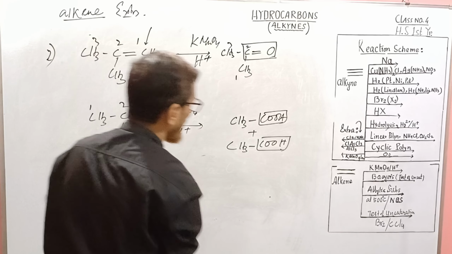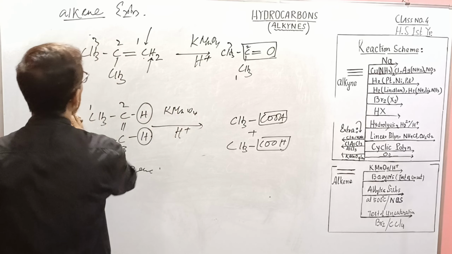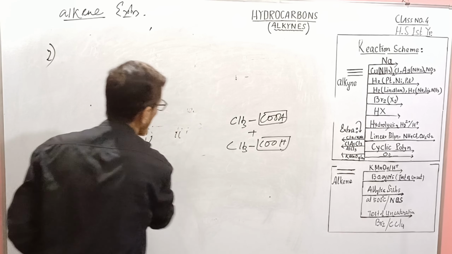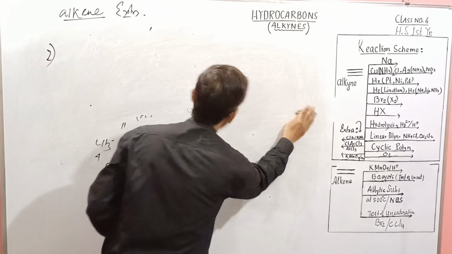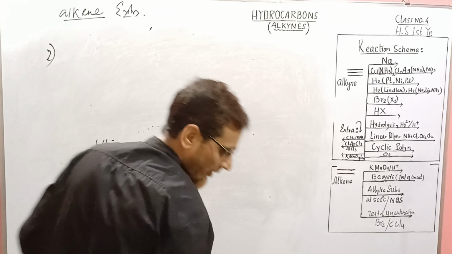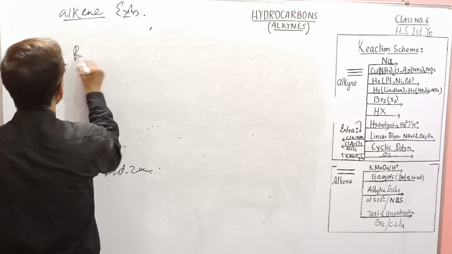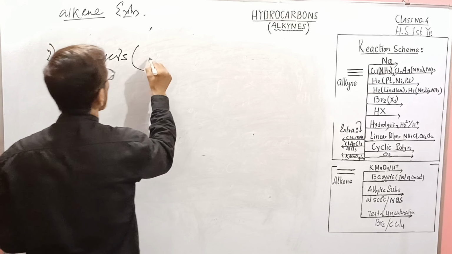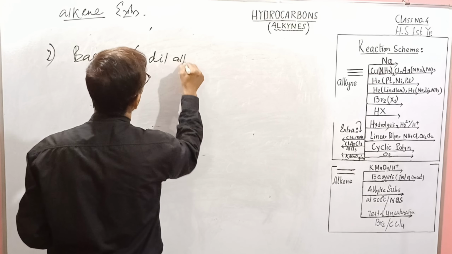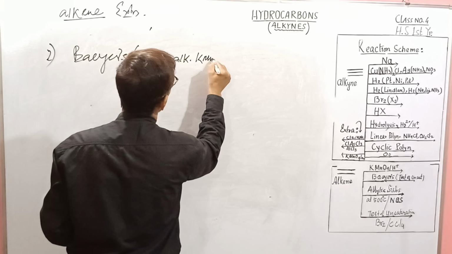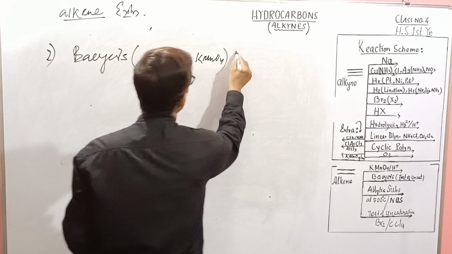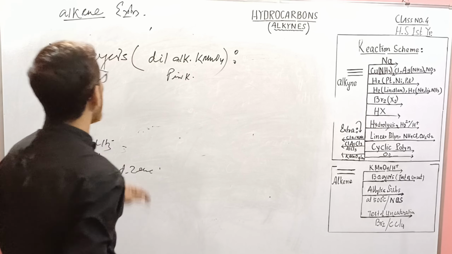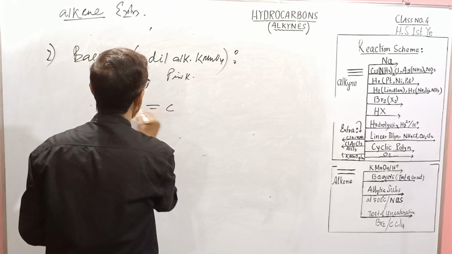So first one is KMnO4 with H positive. I have shown you two very important types of reaction. Next one is Baeyer's reagent. Baeyer's reagent is alkaline dilute KMnO4. This is pink in color. What happens when a double bonded compound is made to react?